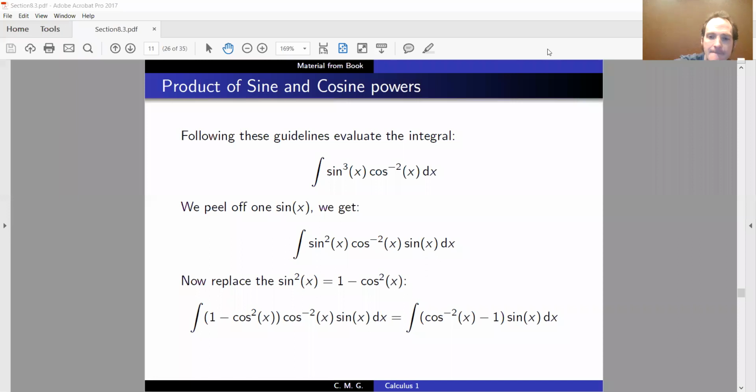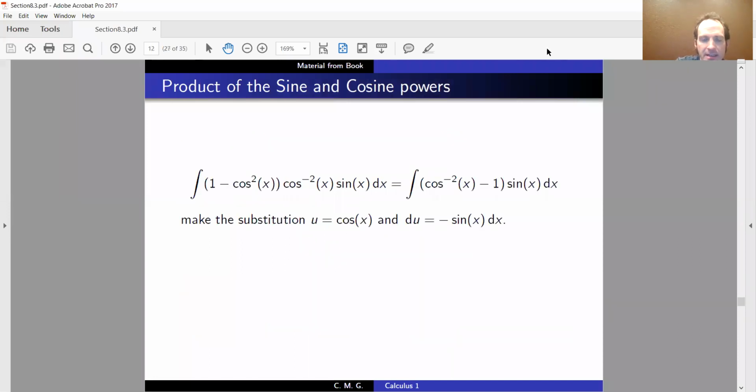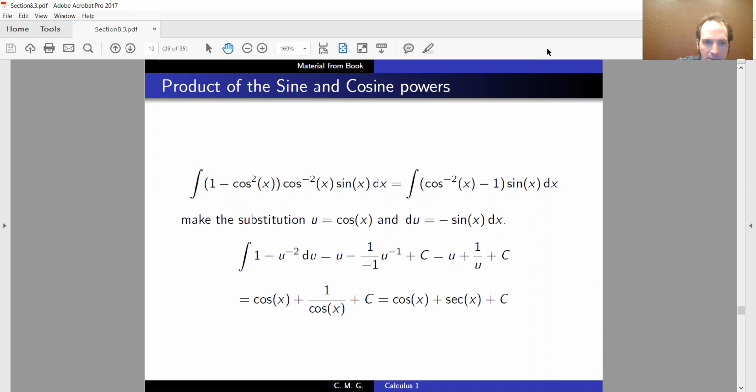Okay, so now what do I get? I make that u substitution. I get 1 minus u to the negative 2. And I think I have the wrong sign. Yeah, so it really should be a negative of that whole thing. And now I want to integrate with respect to u.